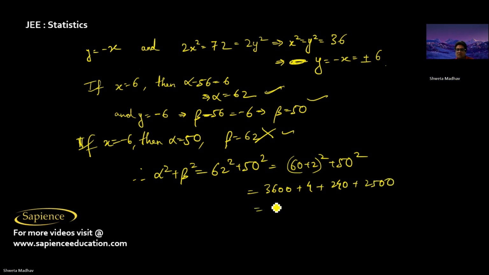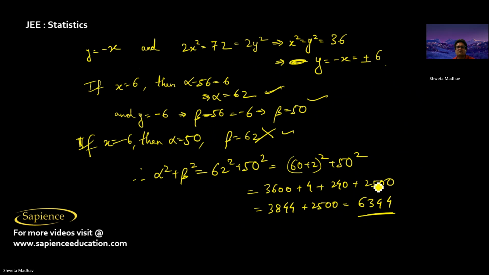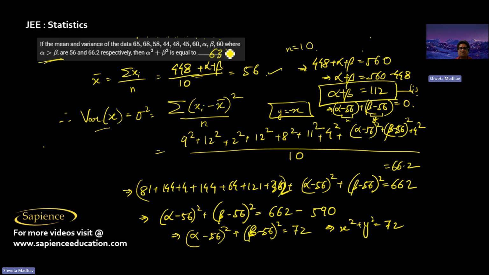So this is 3844 plus 2500, which is equal to 6,344. Alpha square plus beta square will be equal to 6,344. So this is the answer.